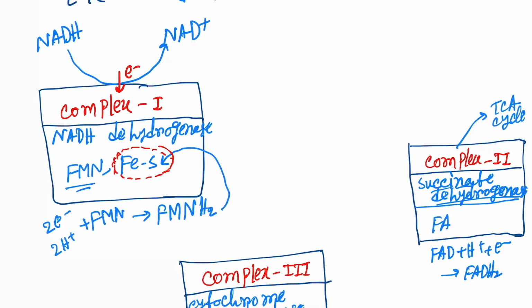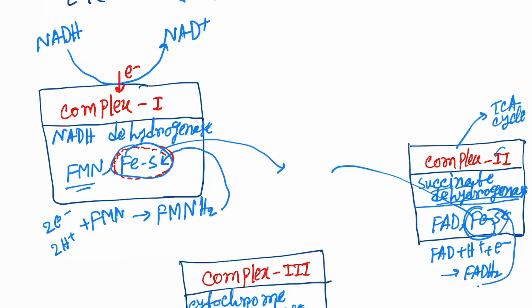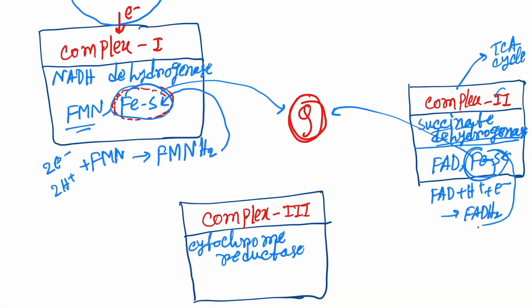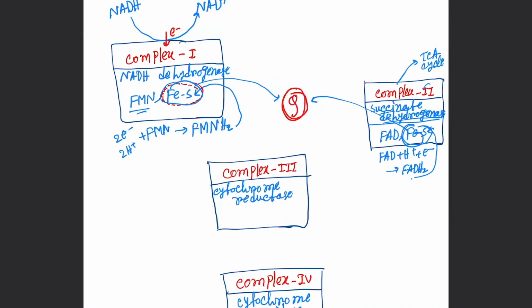The components are FAD and FES in complex 2, and this FADH2 also releases electron to FES complex. Now both these FES complexes will release electron to Q. Now you will understand why it is complex 1 and why it is complex 2.